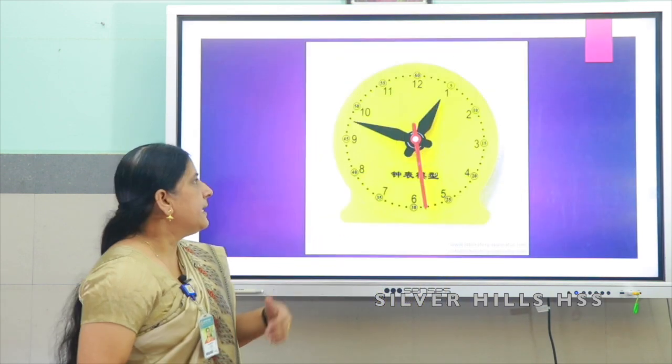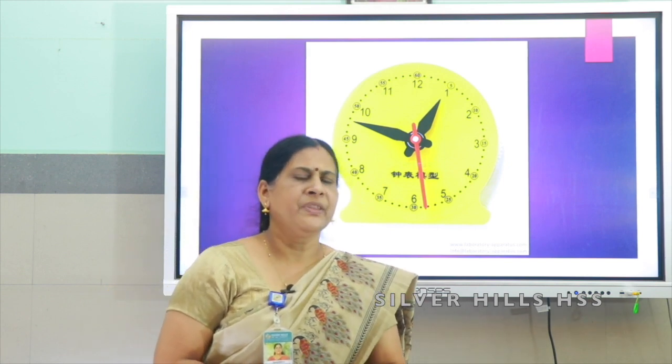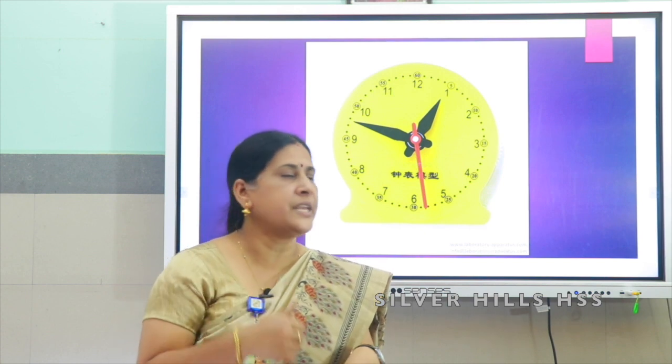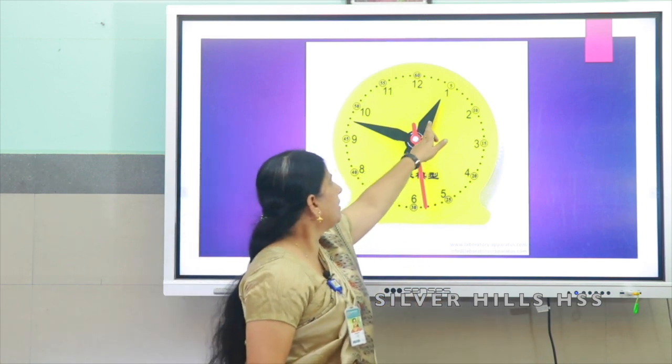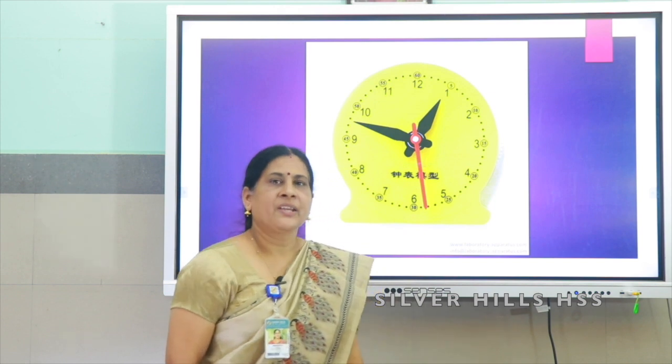Now, next one, we can see a clock here with 3 needles. Now, which are the 3 needles? One I told you before, that is the hour needle. This short flat needle, we say it as the hour needle or the hour hand.